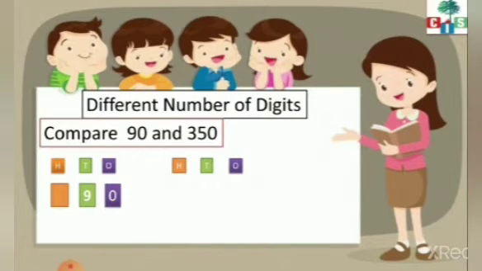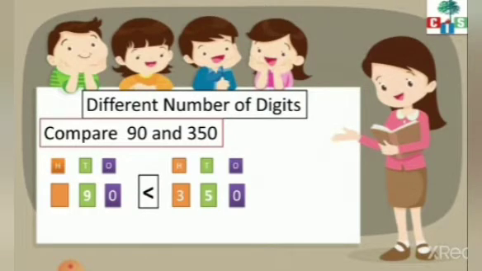So we will write 3 under hundreds, 5 under tens, and 0 will be under ones. Here again a 3-digit number is always bigger, right? In a 2-digit number there is nothing in hundreds place value. So 350 is a bigger number. Now let's move to the next slide.